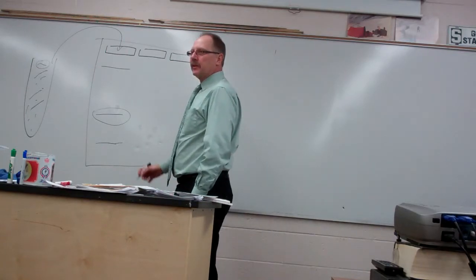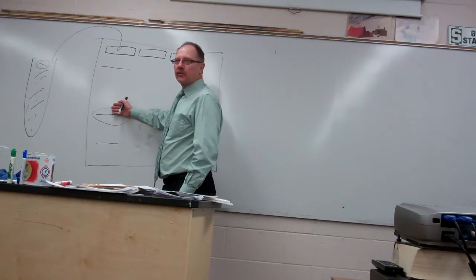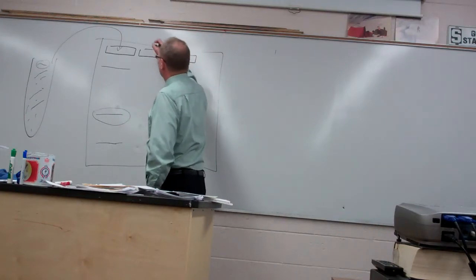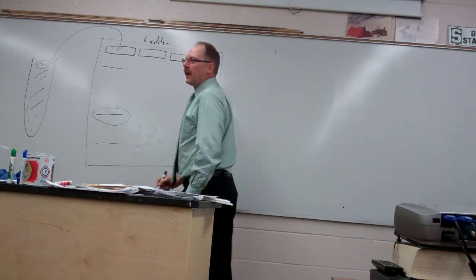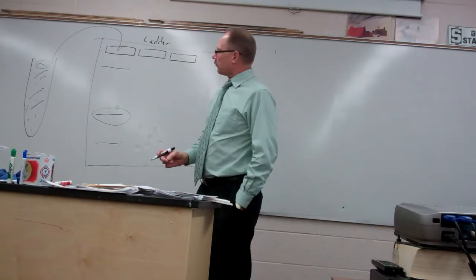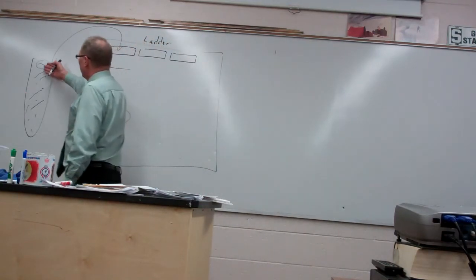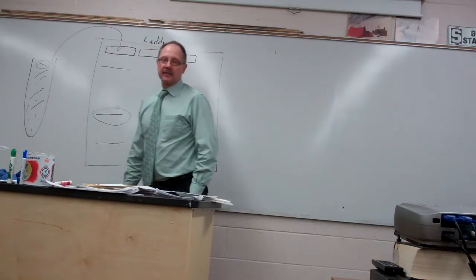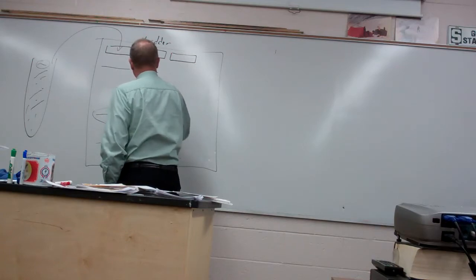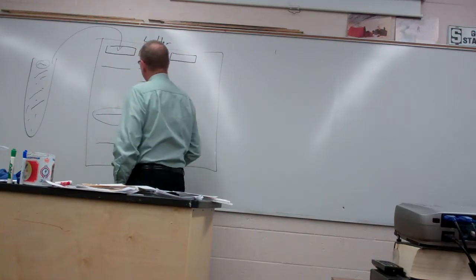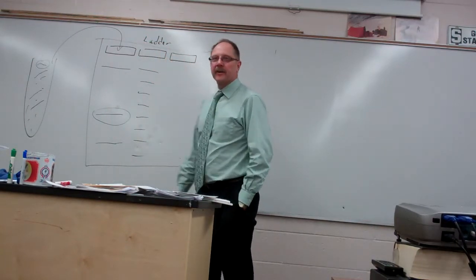And you can actually tell how long these fragments are by running a ladder. We always run a ladder. A ladder is simply a mixture of fragments of known sizes. So we run a ladder and we get that. I call it a ladder because it looks like one.